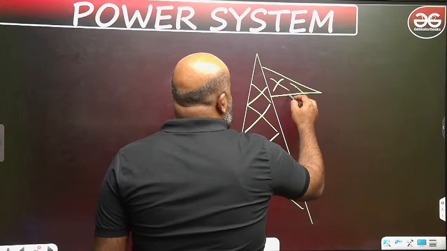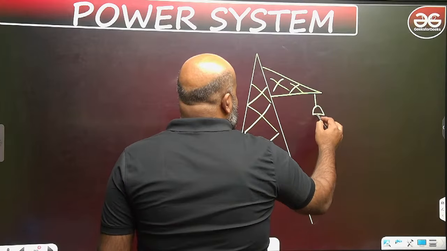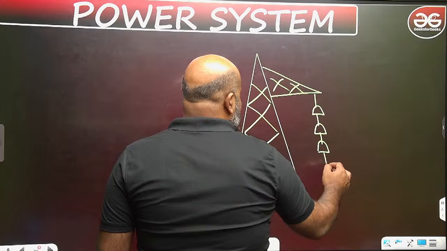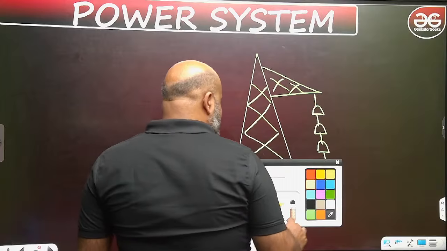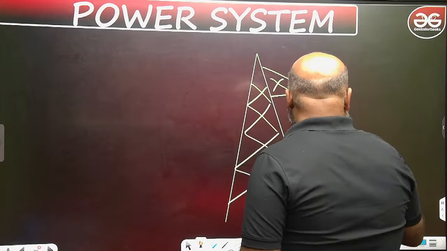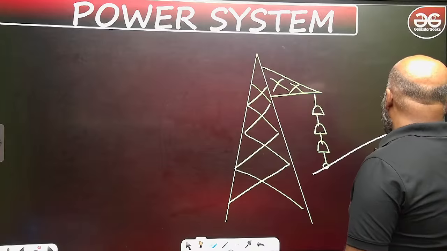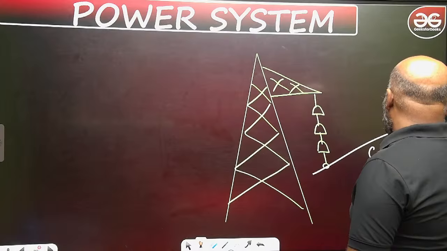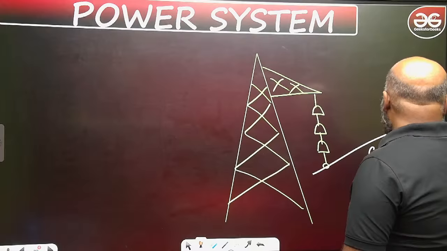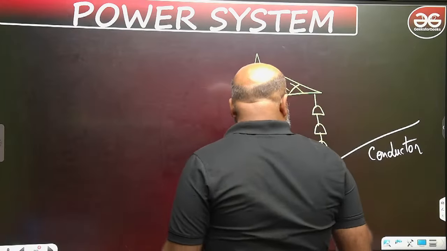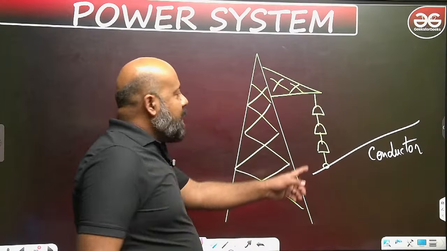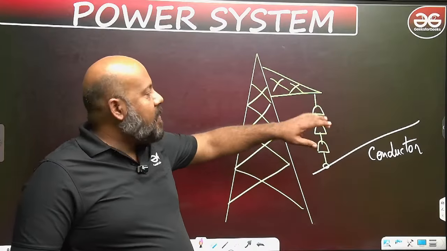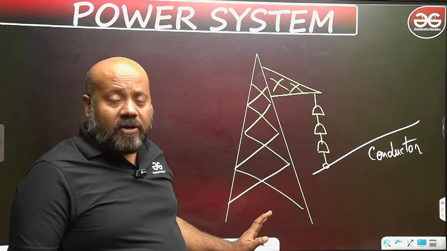This is the cross arm. And this is, suppose, the insulation or insulator string. And suppose this is your live conductor. Now, what is happening is that your insulator string is trying to isolate this live conductor from the tower structure.